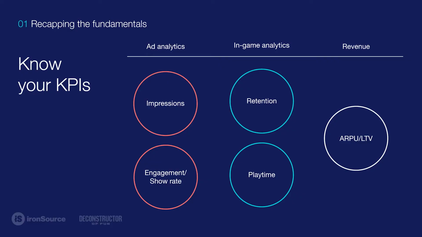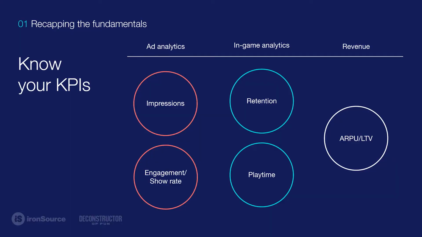The amount of ads users are generating in your game, engagement rate with rewarded video, how many out of your daily active users are actually engaging at least once in a day with a rewarded ad, and show rate for interstitials, which works the same way: how many out of your 100% daily active users are seeing at least one interstitial in a day.